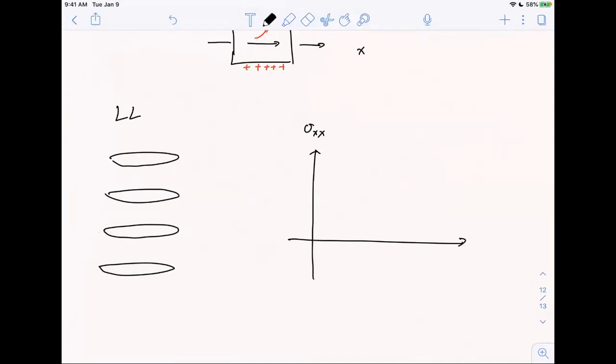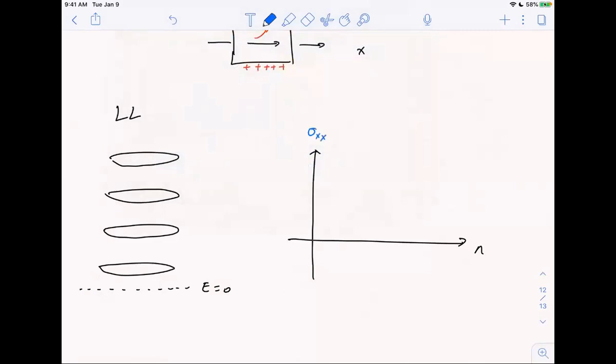Let me consider the conventional case first. Let's say this is E equal to 0. You start to fill the level because you have an energy gap between 0 and 1, so there are some defect states here. You need to fill the defect states first.